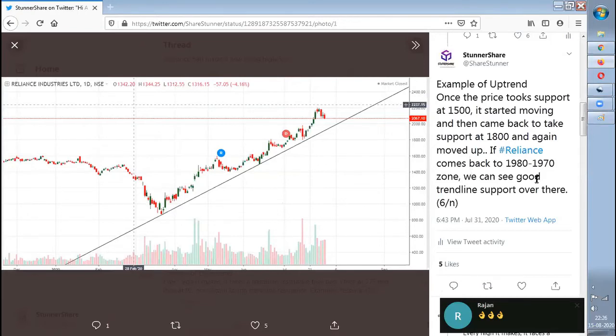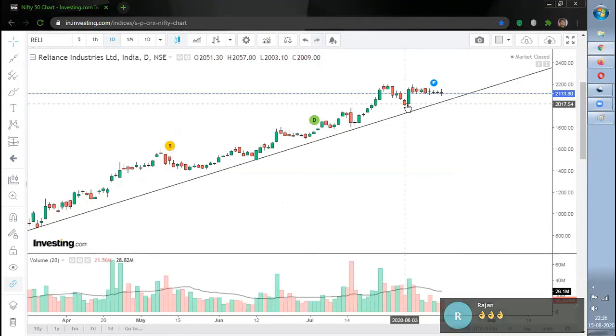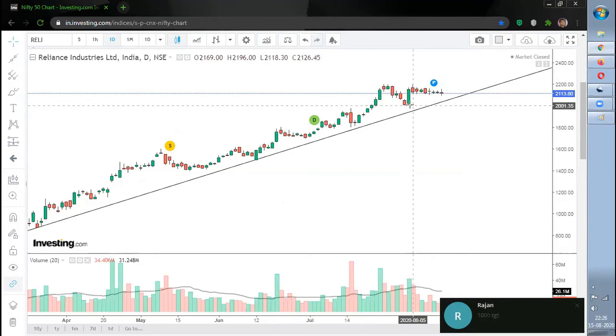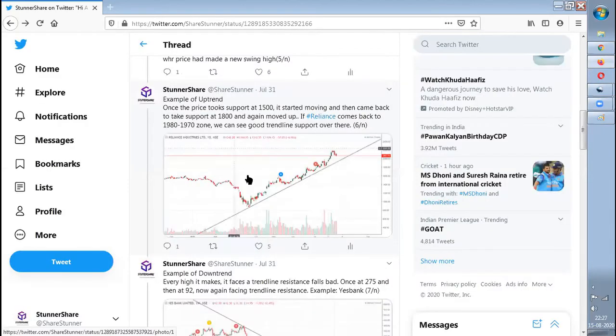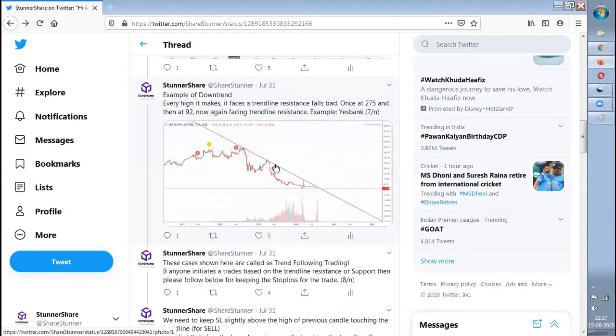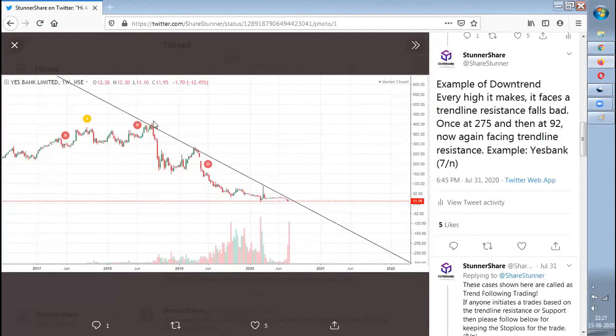See, the price came near the 2003 and 2000 zone, and the price started taking support over there. Clear? So next, what I have written is like this. Example for a downtrend. When I have connected these 2 points, this is forming a resistance trend line.